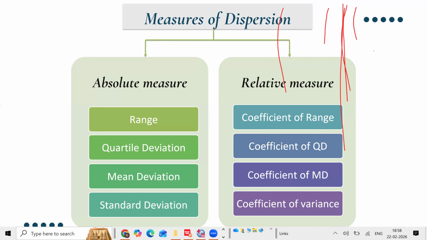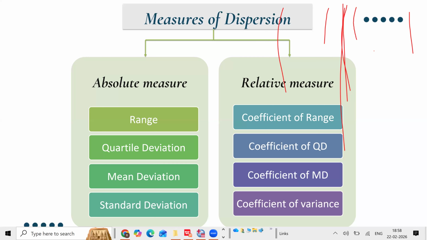So under the measures of central tendency, there are only three basic measures: mean, median, and mode. Among the means, we have three: arithmetic mean, geometric mean, and harmonic mean. And then the median and mode we have also discussed.